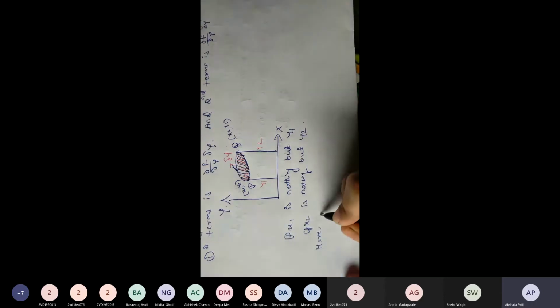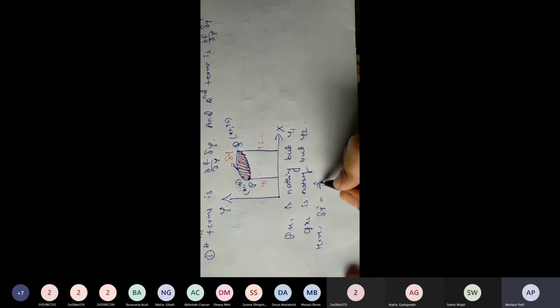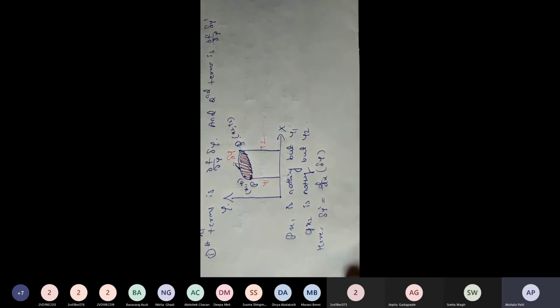The property is that the variational operator and the differential operator are commutative. So by using that property we can say delta y dash equals d by dx of delta y, because the variational operators and differential operators are commutative.